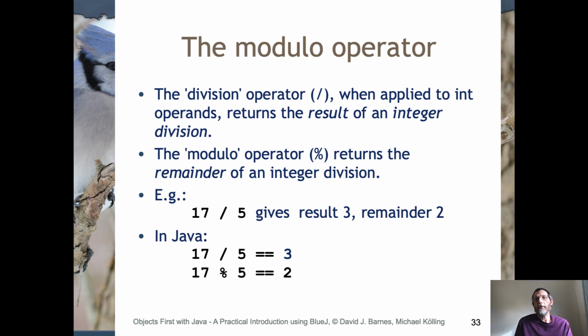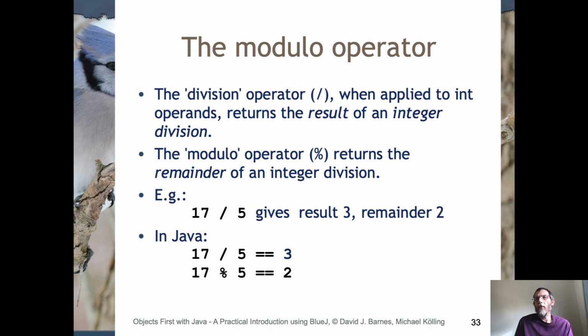Typically in programming languages, if we divide one integer value by another, then we typically get a result that's not a fractional result. Integer division usually gives a result in which the remainder is thrown away. So for instance, if we were to divide 17 by 5, the result would be 3 with no fractional part. So the remainder of 2 would simply be thrown away.